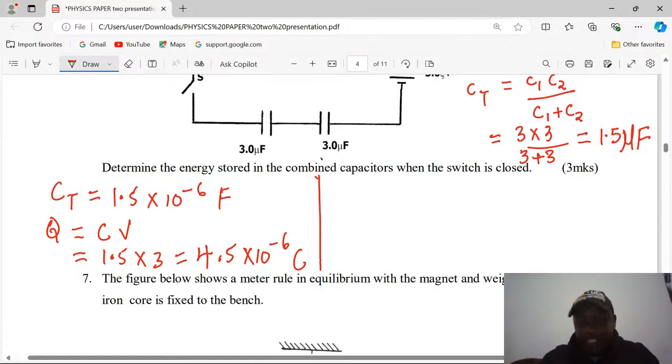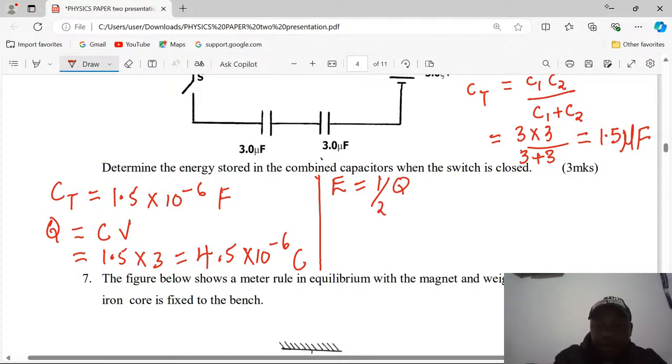So after we've gotten our charge, now we will tell ourselves that the energy is usually given by half Q times V. This formula can be manipulated to several other forms because we can change Q using the first equation there. We can also change V using the same equation. So we take half, and substitute Q, which is 4.5 times 10 power negative 6.